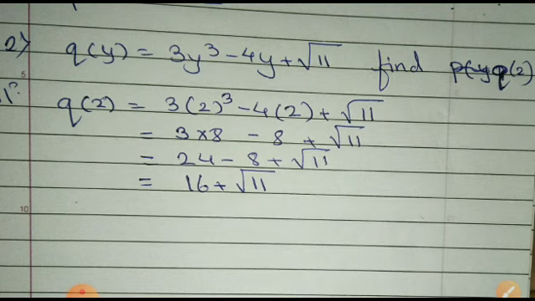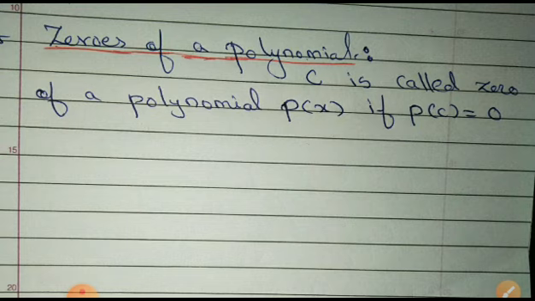So 16 plus root 11. Now these two numbers cannot be added further, and hence your q of 2 is equal to 16 plus root 11.